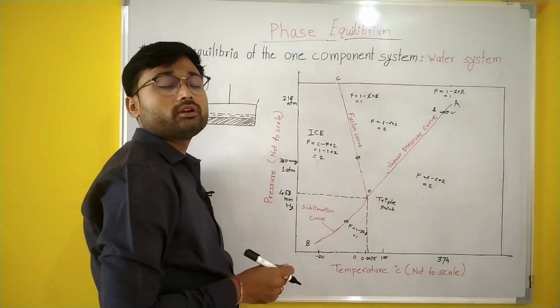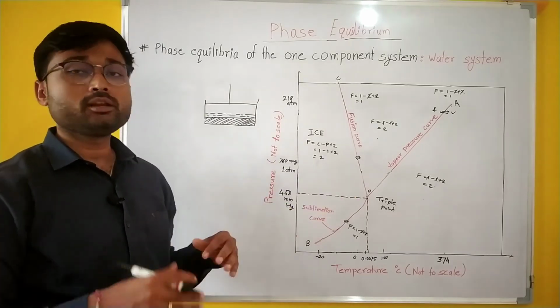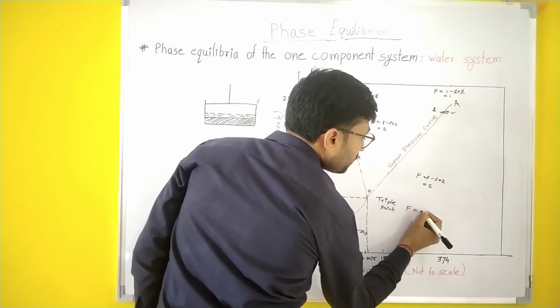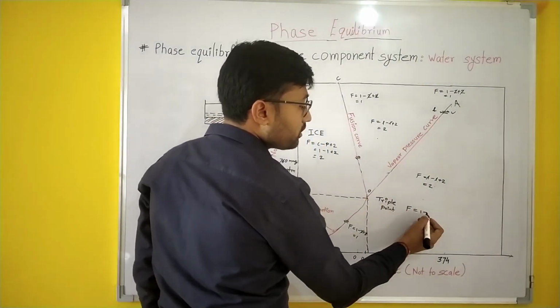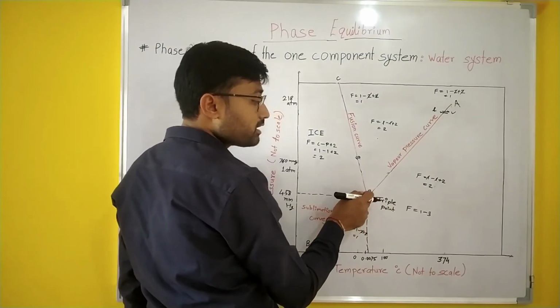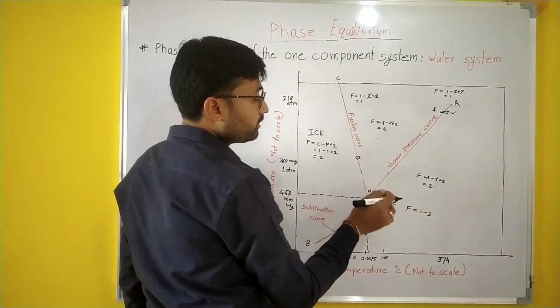So at the triple point, what is the degree of freedom? All three phases are present, right? So what is the formula for that? Component is 1, phases 3, all three phases are present, like solid is there, liquid is there, and water vapor is also there at the triple point.